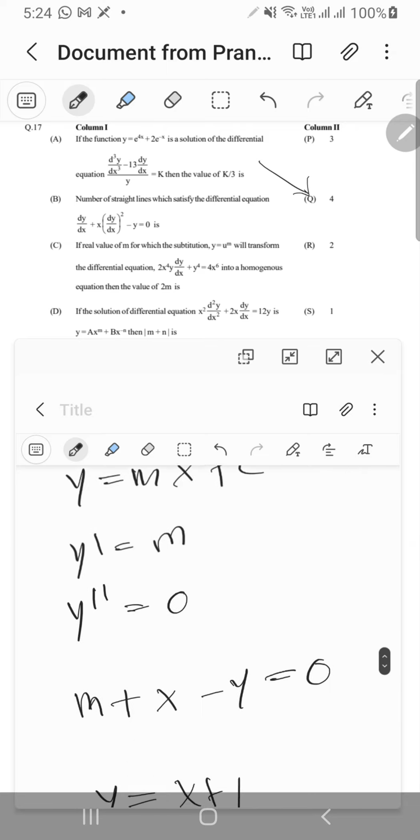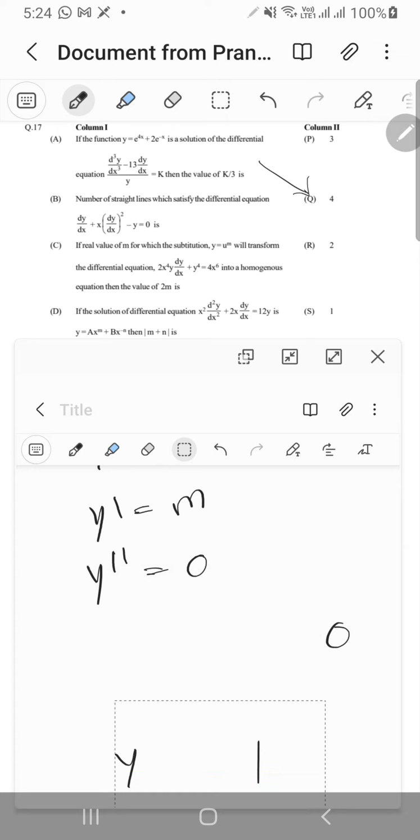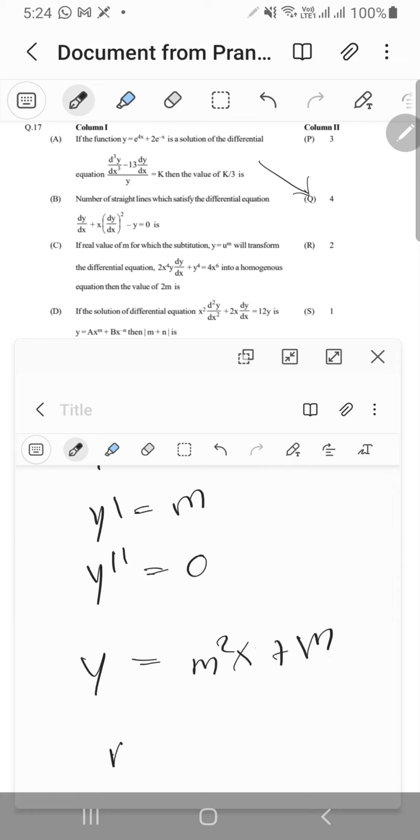Wait a second, but shouldn't it be having zeros, okay, wait. First of all, d square y. Oh, it's dy by dx squared, of course. So yeah, y is just m squared x plus m. That's weird. So just have m.